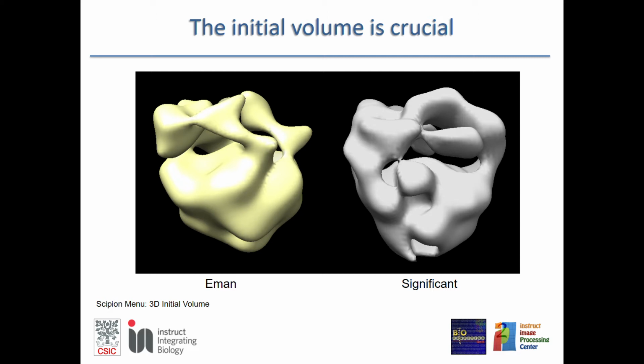So the initial volume is crucial, is absolutely crucial. If you start from a biased 3D volume, sometimes you are lucky and you are able to escape from that initial volume and go to the correct structure, but very often you are not lucky, and then you will end up with some 3D reconstruction that is totally incorrect.